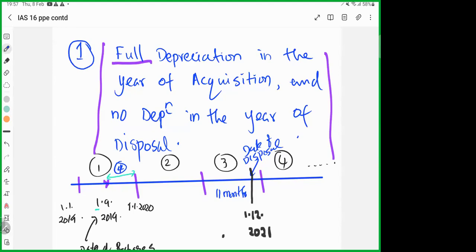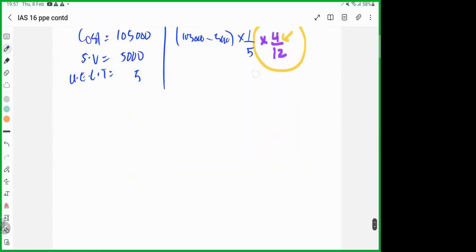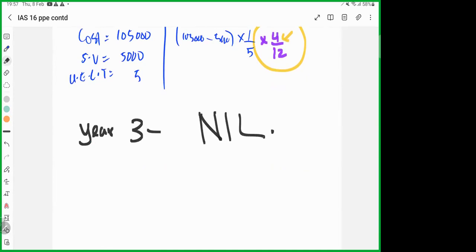For the year of disposal, no depreciation. So in the third year there's no depreciation. It should be nil. See, the multiple choice questions, they're going to trick you. And you will have 4 answers.